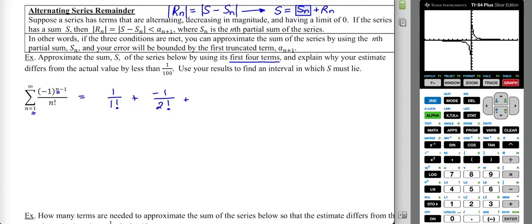So 1 goes to -1, which would then go back to positive 1 over 3 factorial plus -1 over 4 factorial.